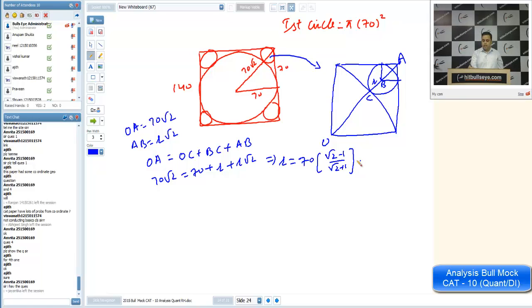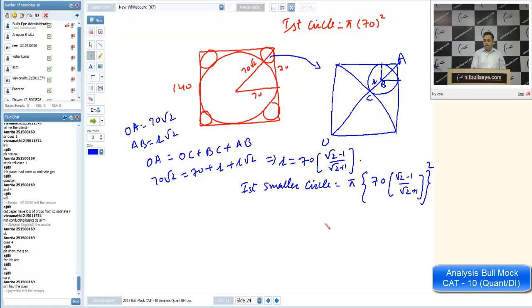So the area of the first smaller circle will be equal to pi into (70 into (root 2 minus 1) upon (root 2 plus 1)) square.